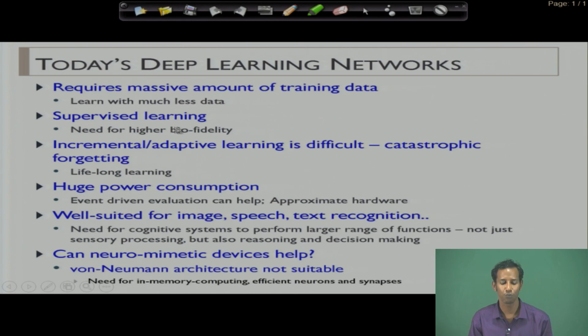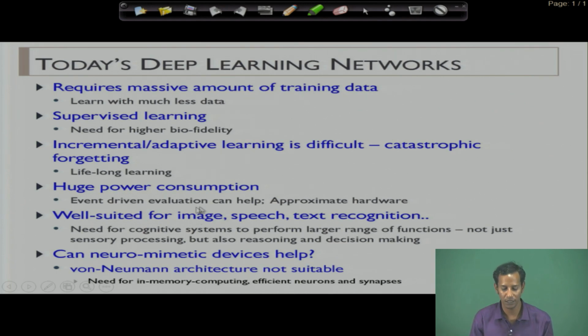Then you need supervised learning, a need for higher biofidelity, and incremental or adaptive learning is difficult because of catastrophic forgetting. As human beings, we learn lifelong, so lifelong learning is also needed for machine learning hardware.